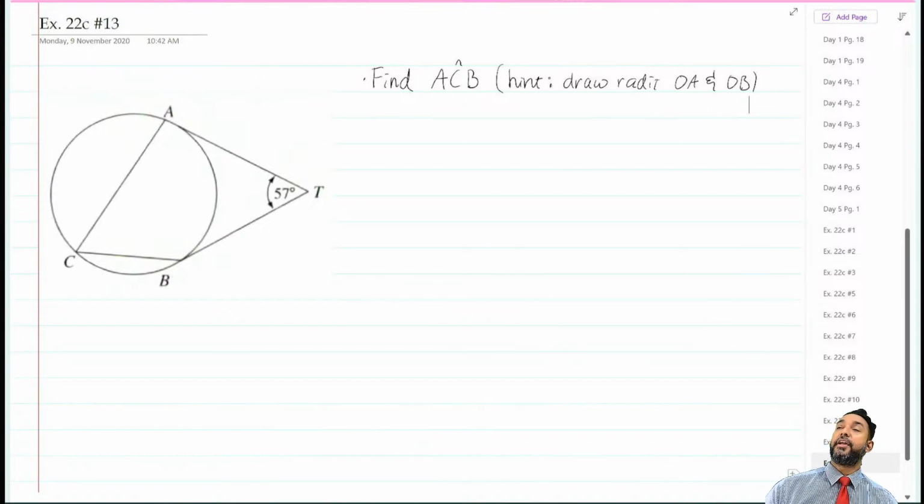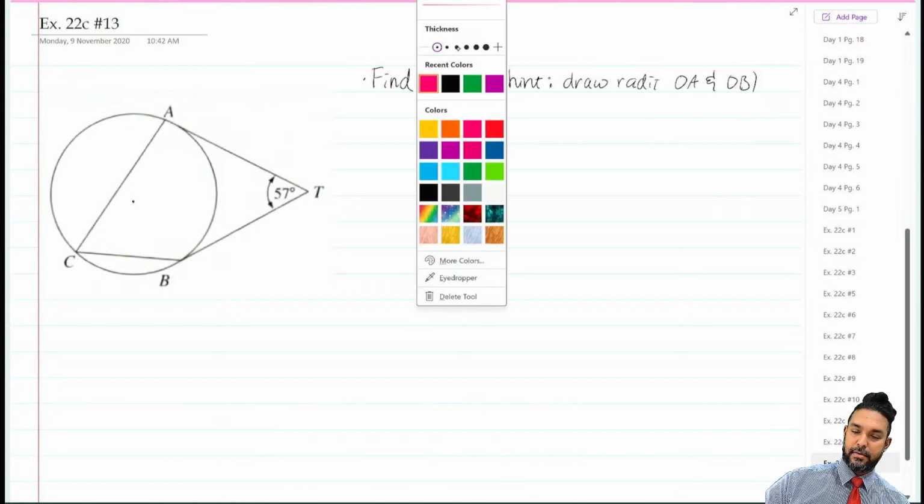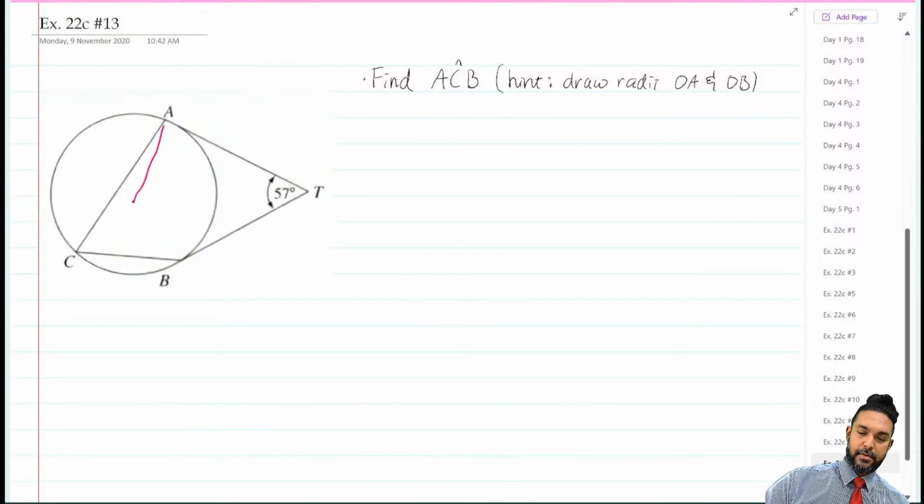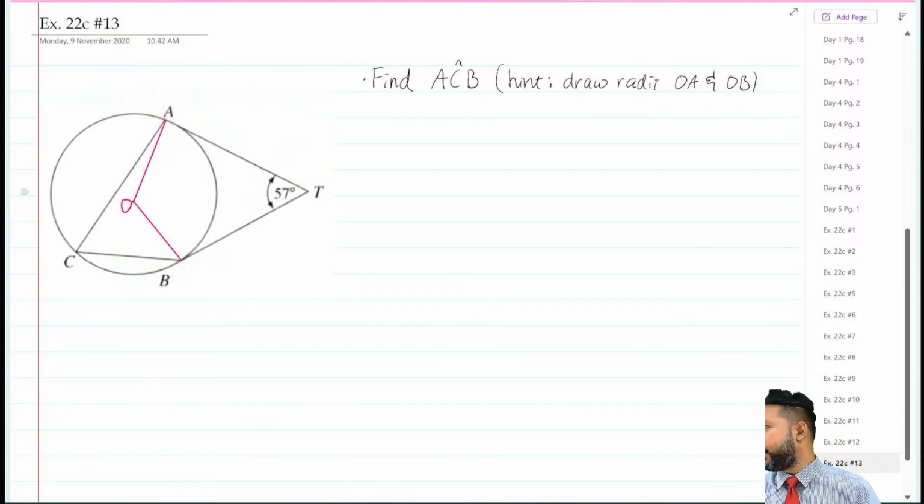It says draw the radii from the center of the circle. That's the center. Like that.